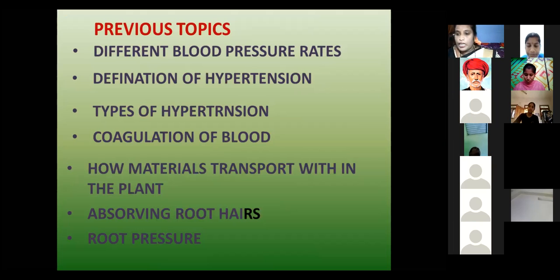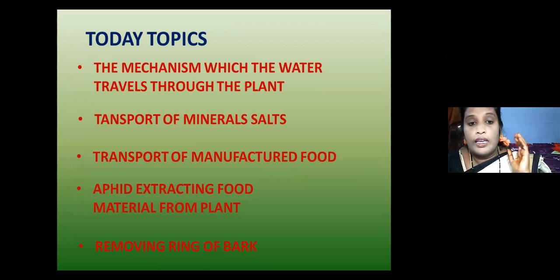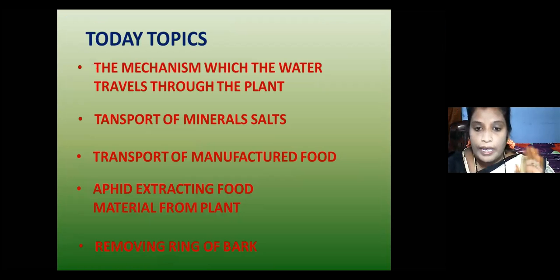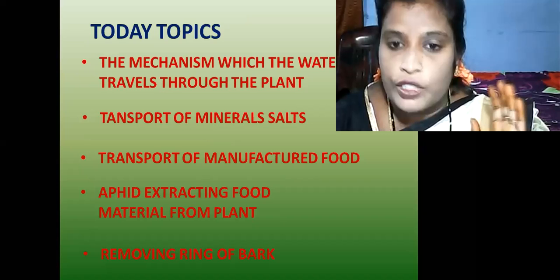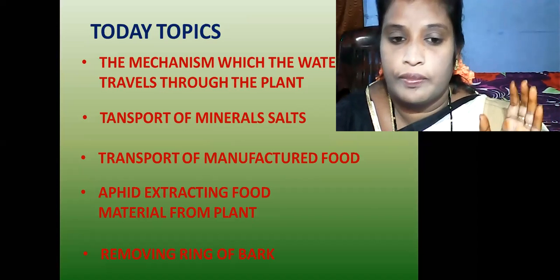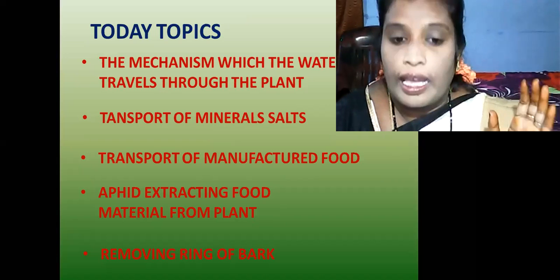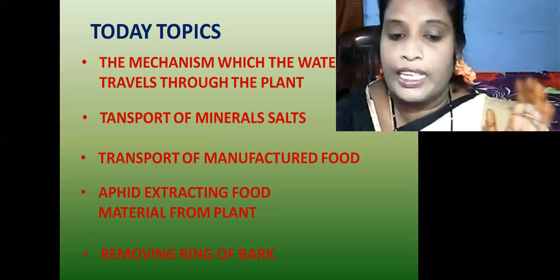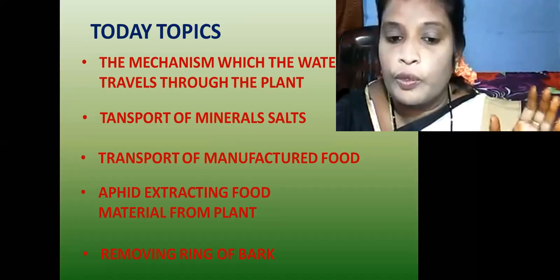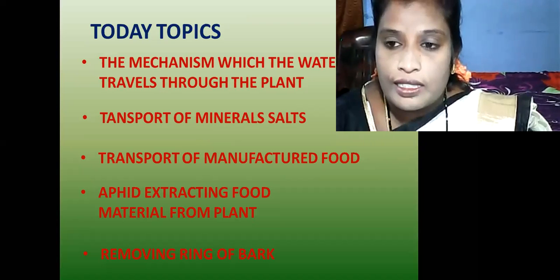These topics also we learned in previous class, ma'am. Today, I am going to explain the following new topics: the mechanism by which the water travels through the plant, transport of mineral salts, transport of manufactured food, effects of excreting food material from the plant, removing ring of bark. These are all we discuss today, ma'am.